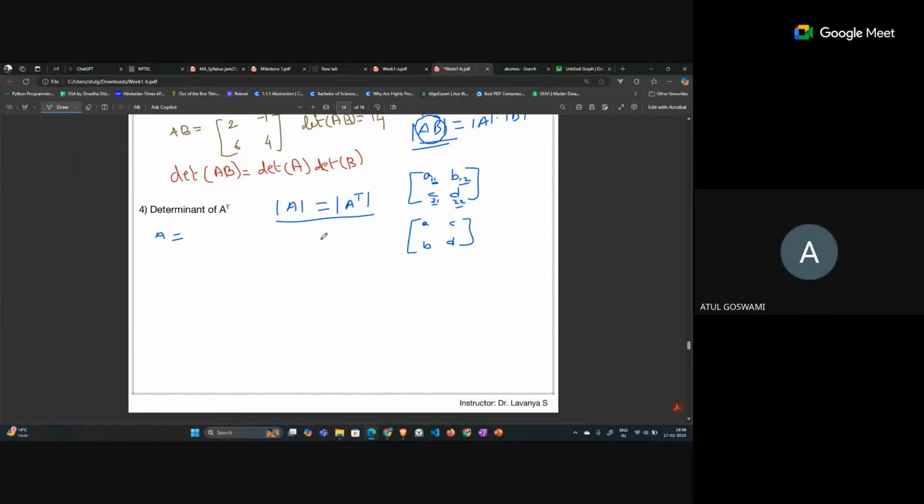This entire course is the foundation for machine learning. In machine learning you will use transpose a lot, so there you will need the property that the determinant of A transpose remains unchanged. When you form machine learning algorithms, these things will be used. Here we are just studying. In this course as well, it will be used in a lot of places.